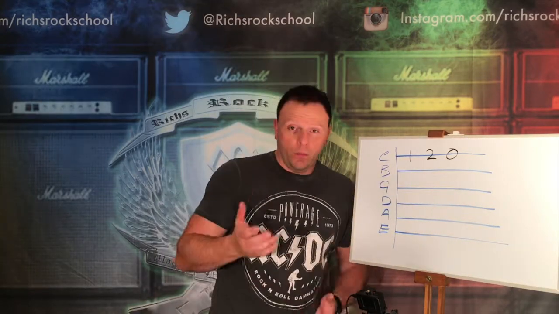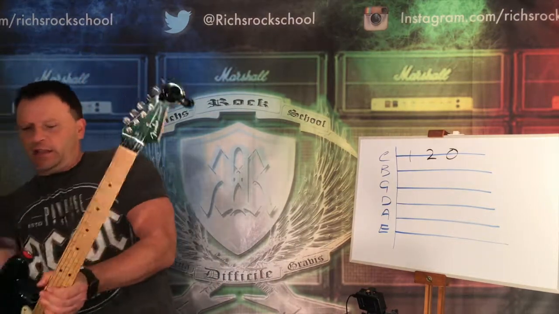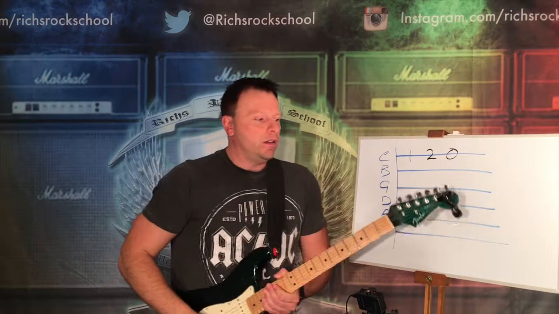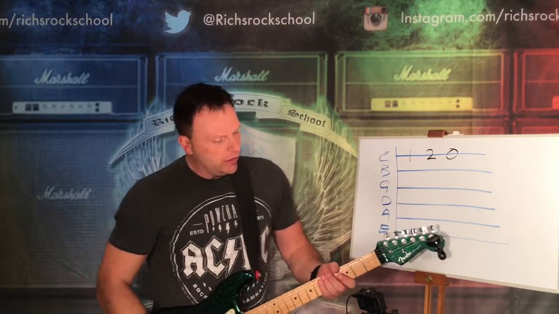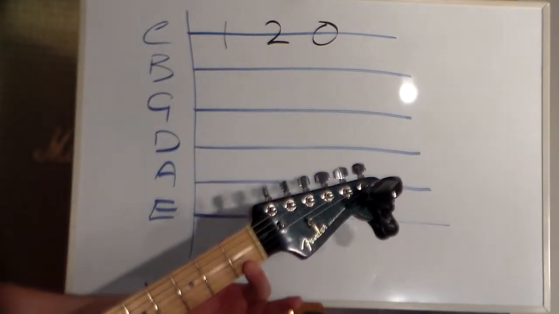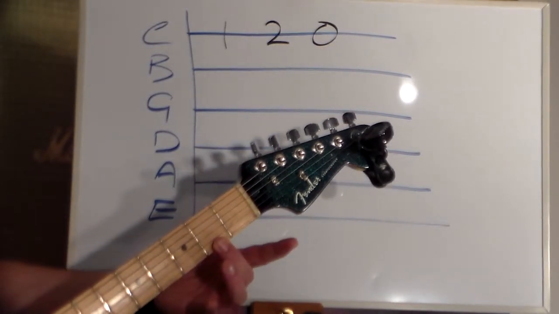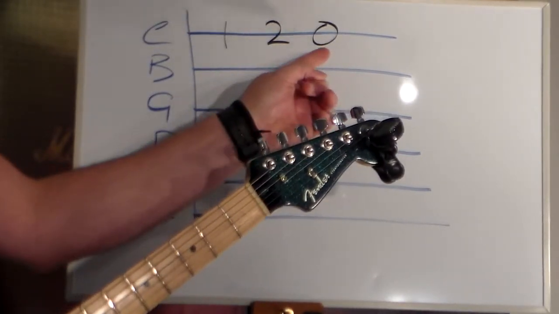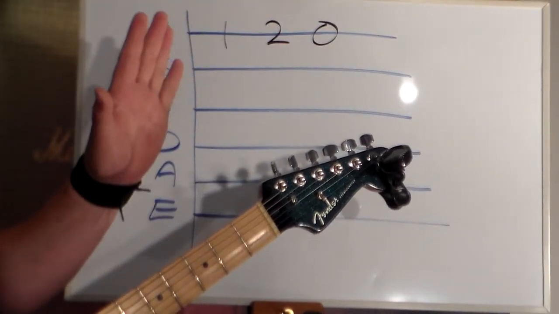So what do I mean by playing the string open? Well, let's just get the guitar and show you. What you can do is fret 1, fret 2, and then 0 means you don't actually use your fret hand at all, you just play the string open.